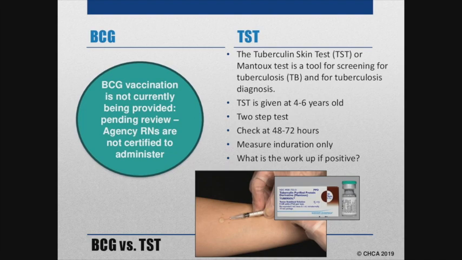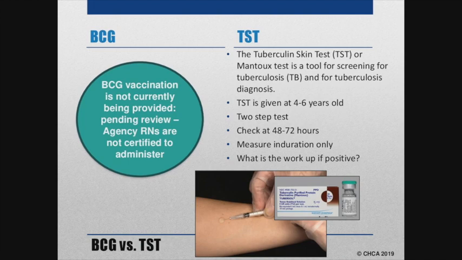The TST, as I mentioned, is typically given either if you're suspecting that there may be tuberculosis exposure, or if the patients are between 4 to 6 years of age before they go to school. It is typically done as a 2-step, meaning that the first TB test is provided, and then it's interpreted within 48 to 72 hours.